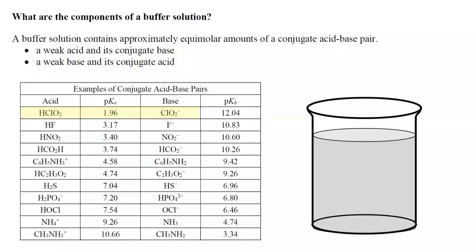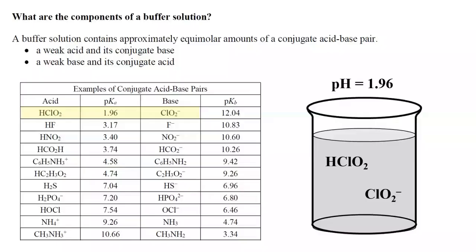If you combine in solution the HClO2 with its conjugate base, which would be the chlorite ion ClO2-, then the pH of that buffer solution should be around 1.96. Remember that pH equals pKa when the concentration of that conjugate acid-base pair is present in equimolar amounts.